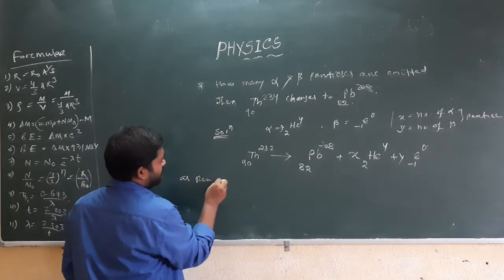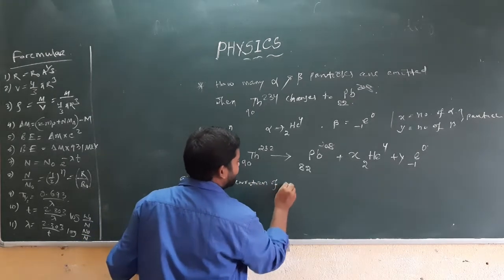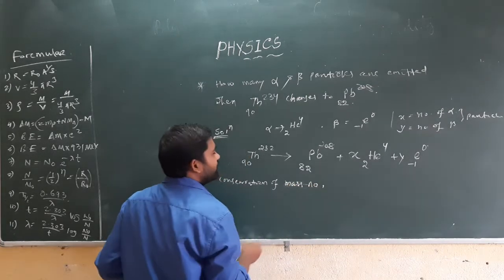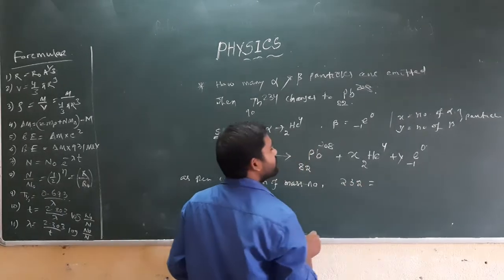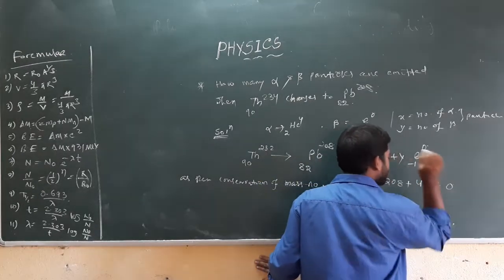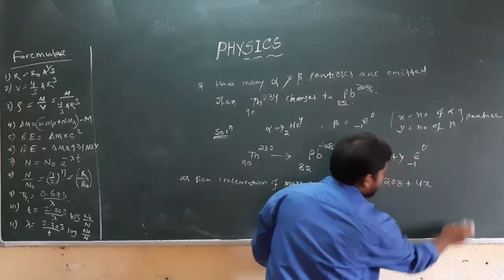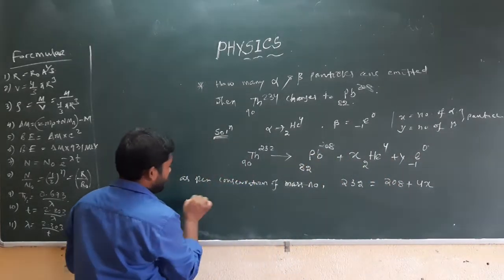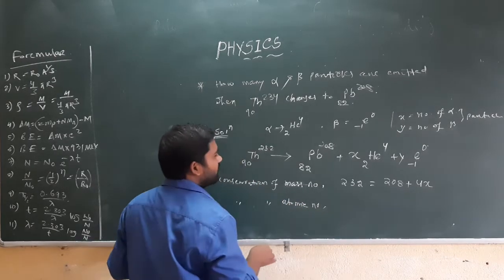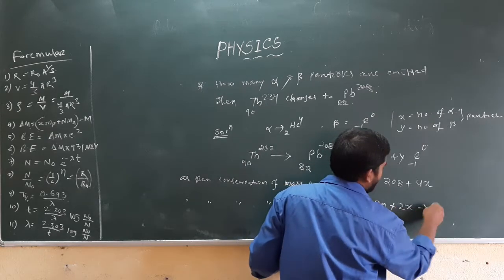As per conservation of mass number, we have 232 equals 208 plus 4x plus 0, because the mass number of beta is 0, so there is no need of mentioning it. Second, as per conservation of atomic number, we have 90 equals 82 plus 2x minus y.